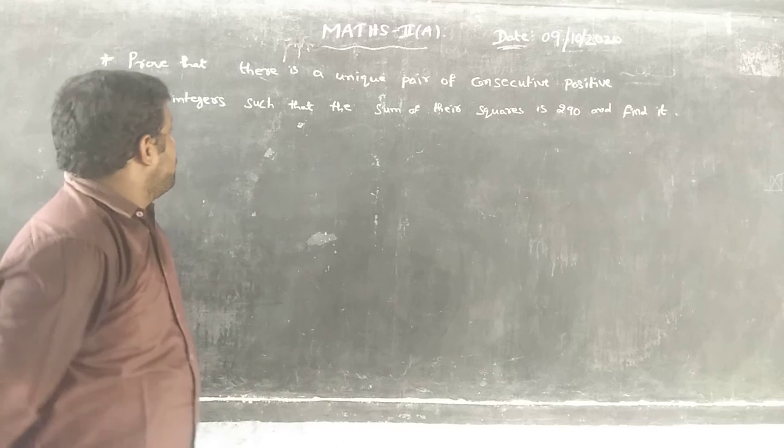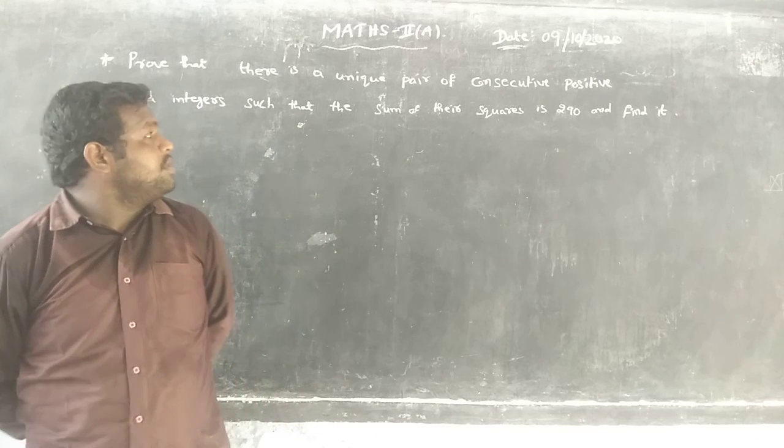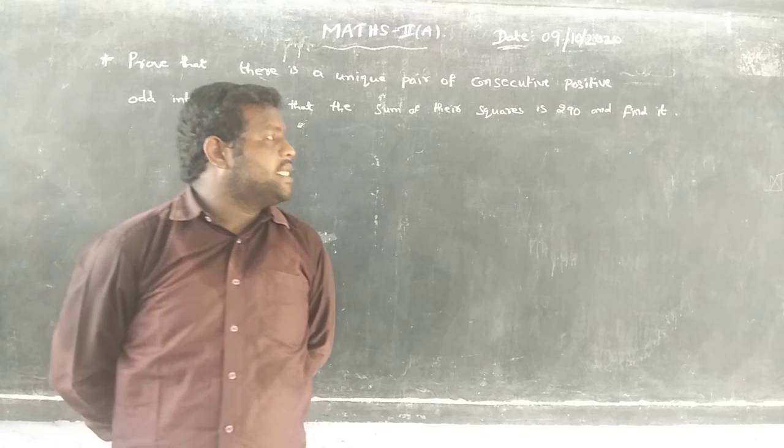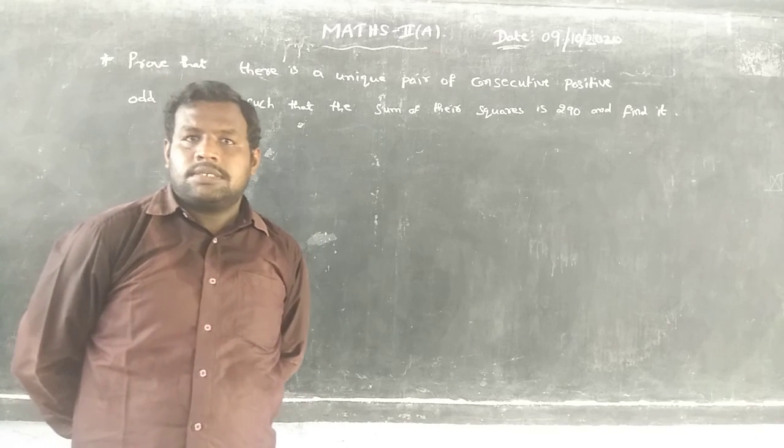Okay, we can prove that there is a unique pair of consecutive positive odd integers such that the sum of their squares is 290 and find it.